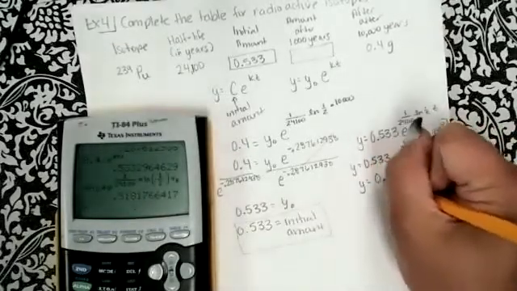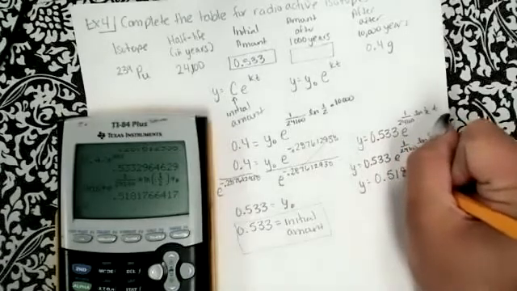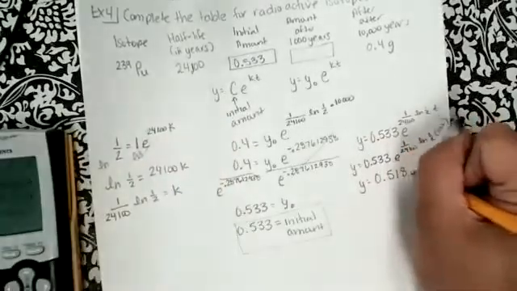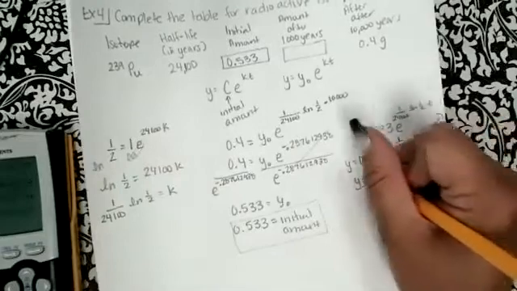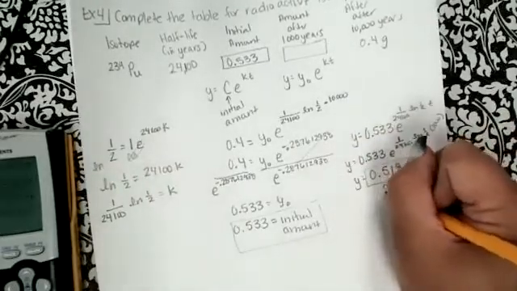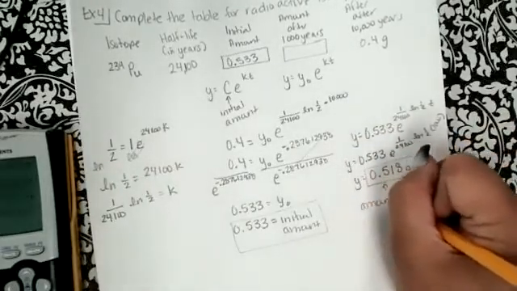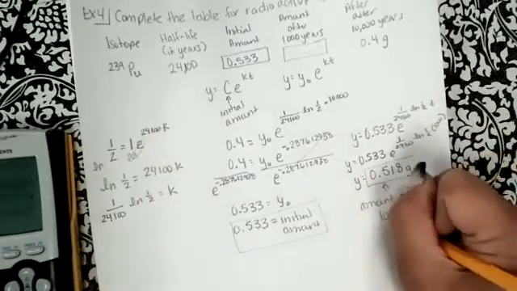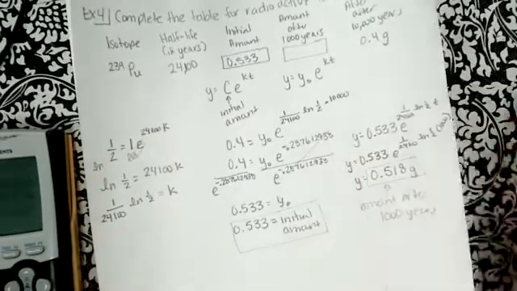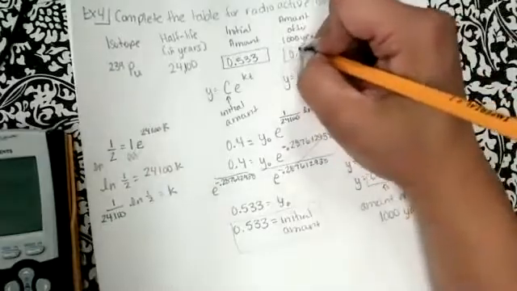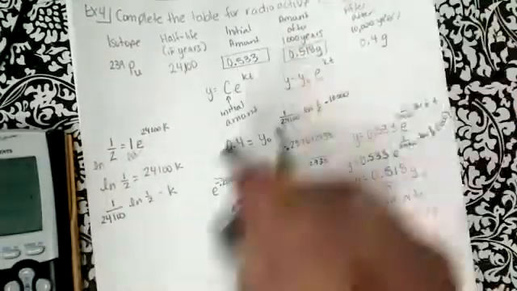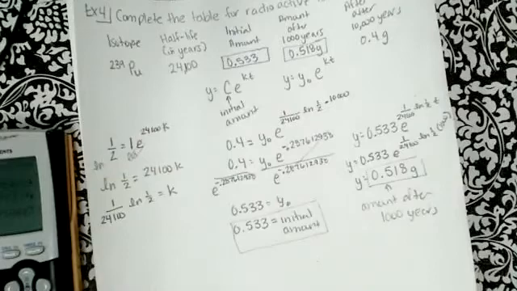And I get, going to 3 decimal places, 0.518. And then these are grams. So this is the amount after 1,000 years. And that's the end of the notes.